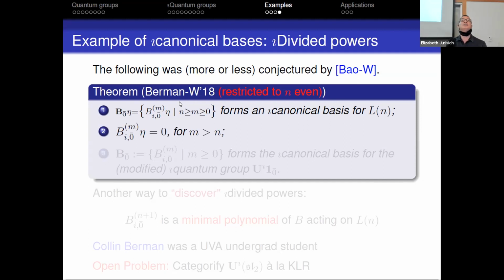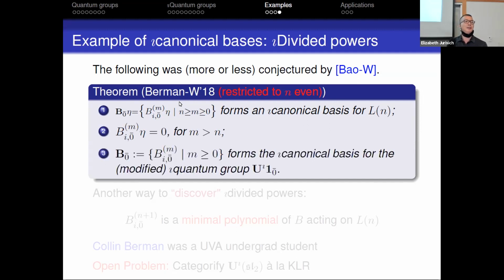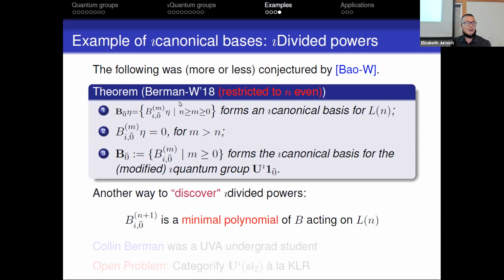The higher ones vanish. And then if you just talk about this abstract algebra, the iquantum group, the polynomial ring in one variable, I obtain a basis. The basis is what I call the i-canonical basis. But it has two versions depending on the parity. This parity is some kind of idempotent which you don't see in the quantum group, because this really doesn't come from the lattice. This kind of corresponds to some kind of torsion point. A little weird.